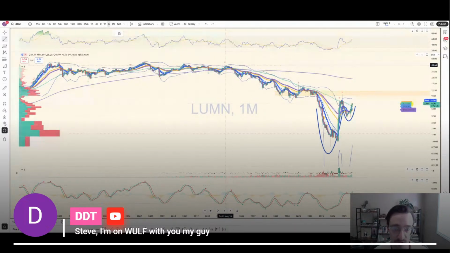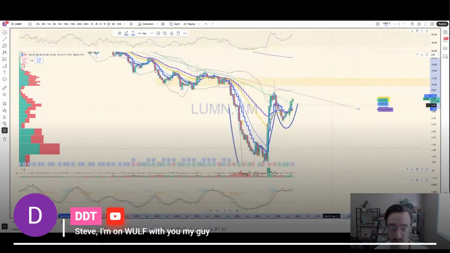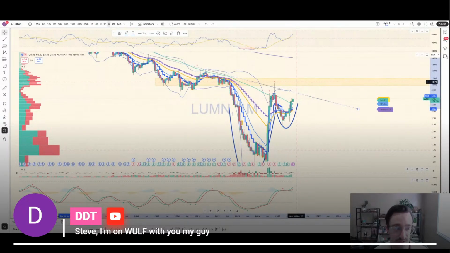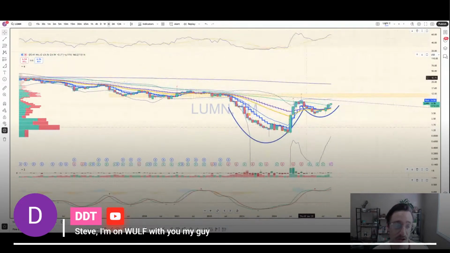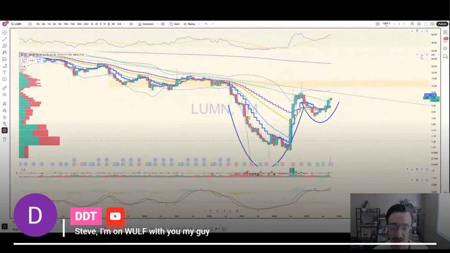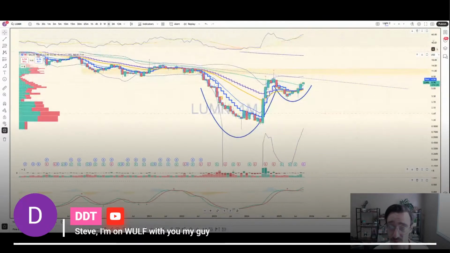You also have a very defined downtrend line here. So you could trim it at $8 into that. But this thing, I think it's going back to 10, and probably a lot higher eventually. So this is another fiber optic data center play. I think they both look great.